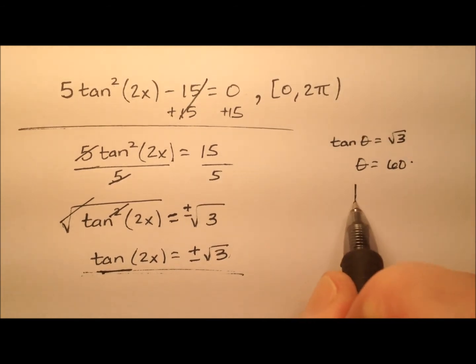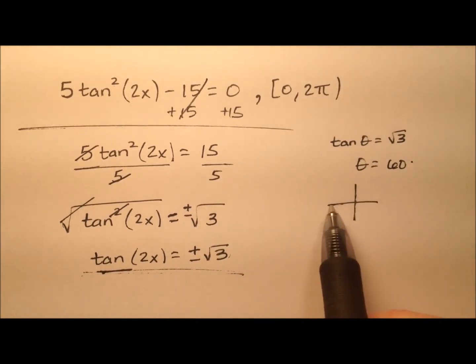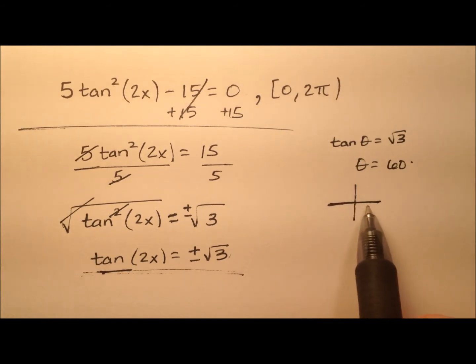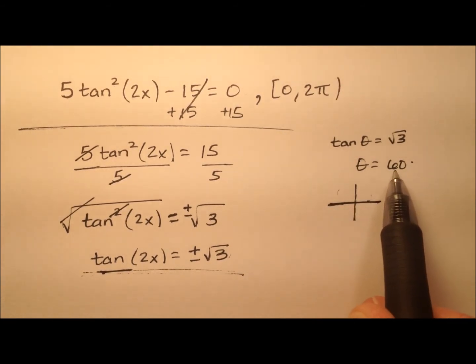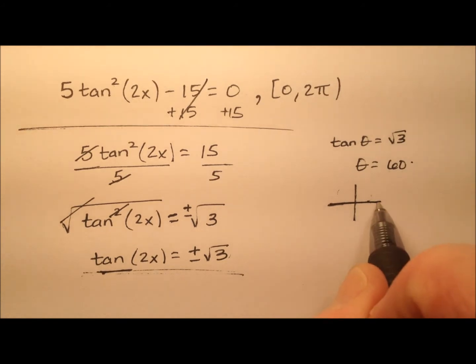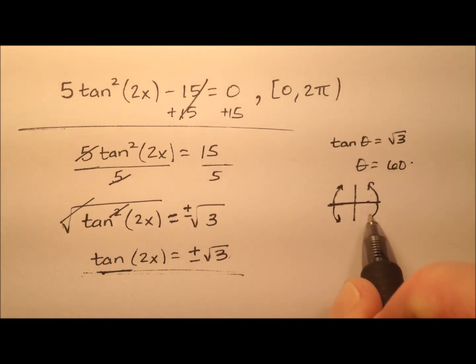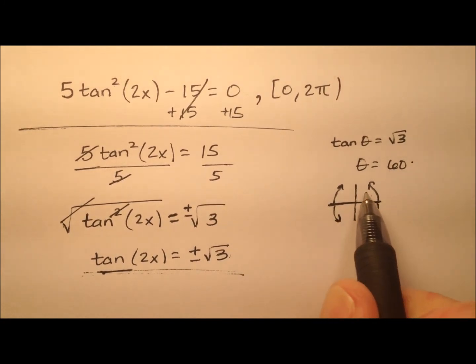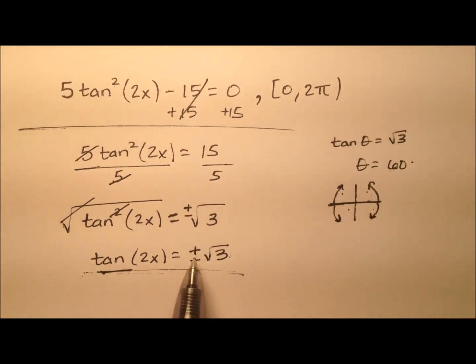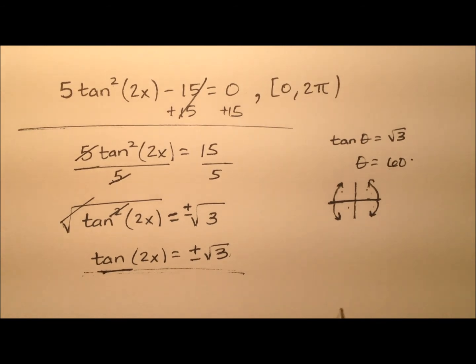Okay, so looking at our quadrants here, we always measure from the x-axis, either up into or down into these quadrants. And so we're going to be doing so using this reference angle of 60 degrees. So it'll be up here, and down here, and down here. And again, it's every single quadrant because it's either positive or negative. We don't care about the sign.